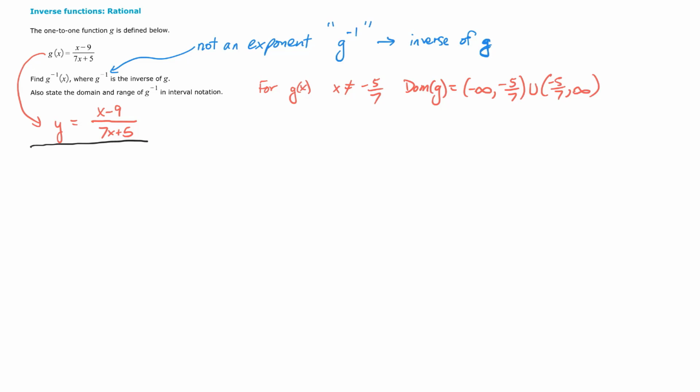We're going to interchange our x's and y's, because we know that the domain of g is equal to the range of the inverse of g. And the range of g is equal to the domain of the inverse of g. So in short, it makes sense to switch the x's and y's.